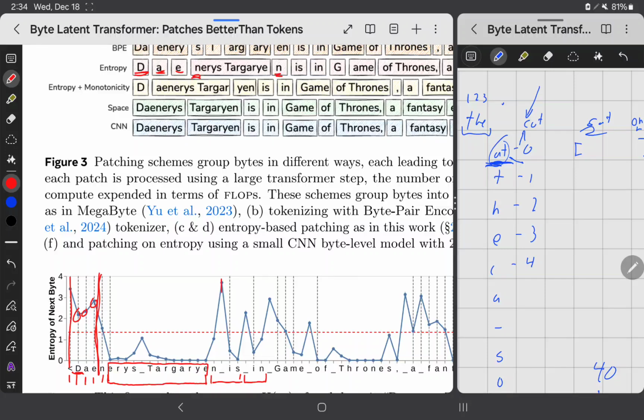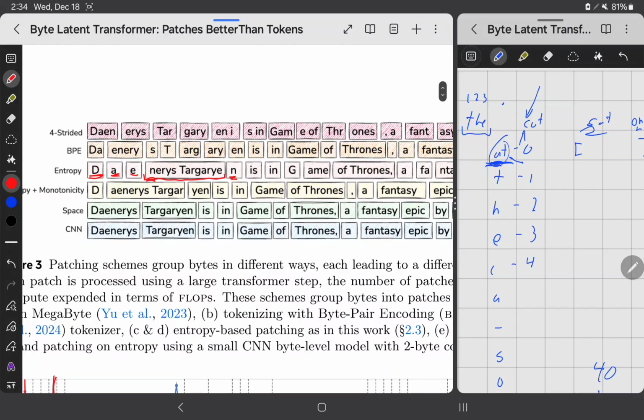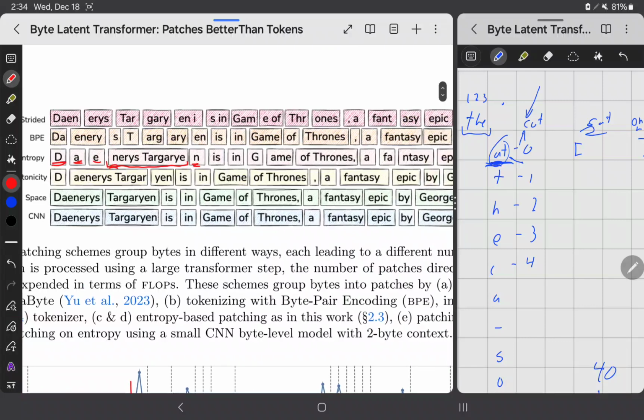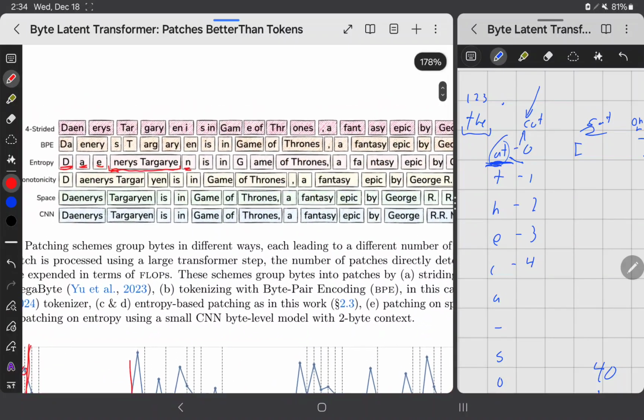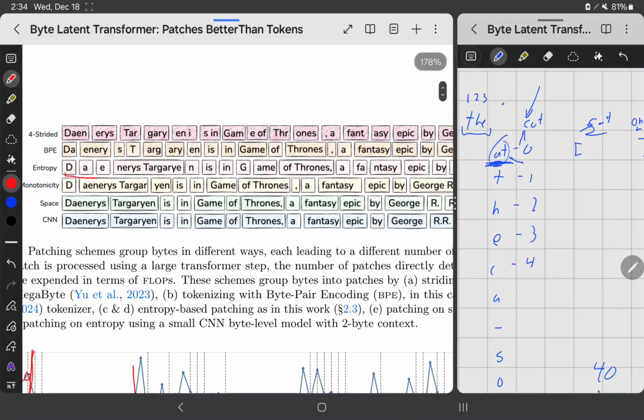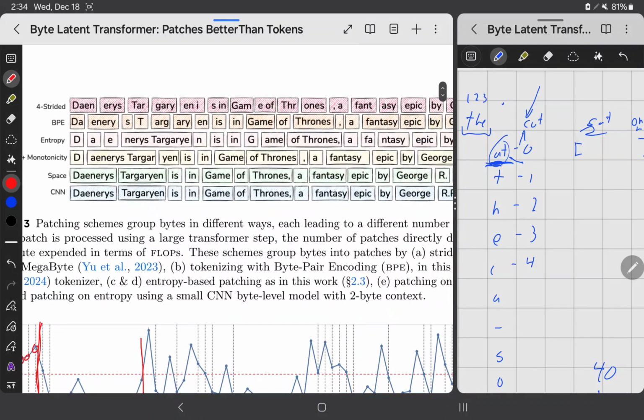And then until we get to the letter N, we have this patch and so on. So you get something that looks like this, which makes sense. If I were to give you this here, it would be pretty easy to predict maybe a Game of Thrones or something like that. So this is their patchification strategy.